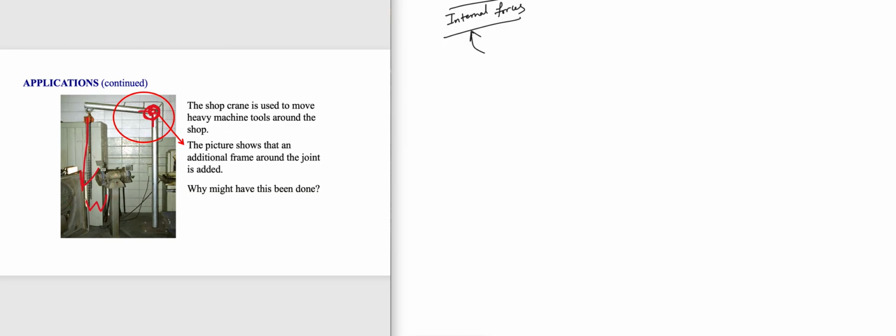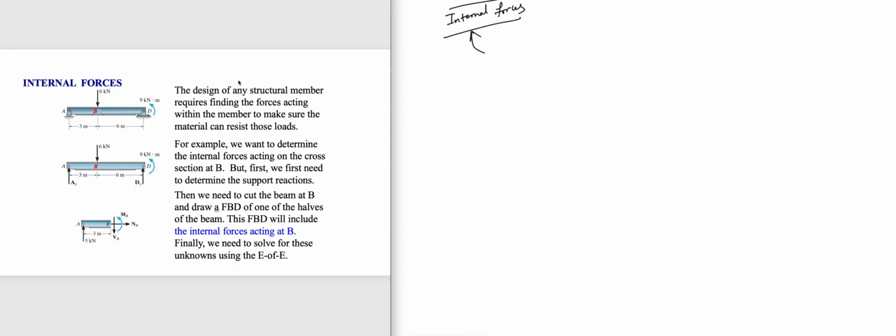So to increase the strength of this joint, we have this external reinforcement like this, right? How do we know that this is the weakest? Because of calculations. So I'm going to show you how to calculate these internal forces.